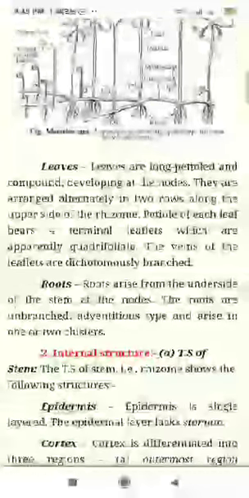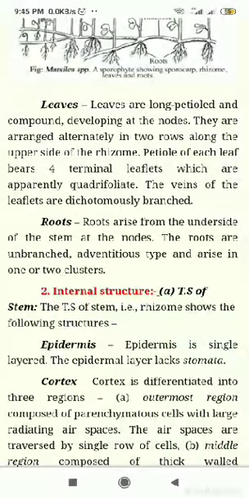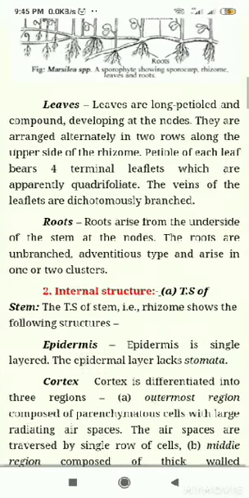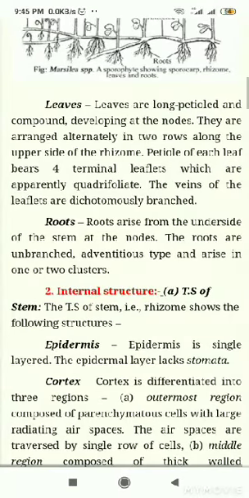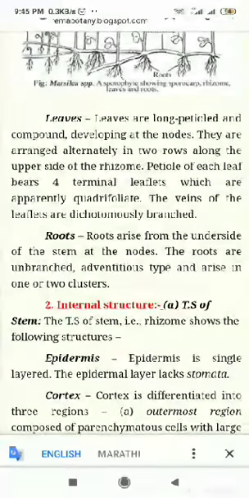Then we know about leaves. Leaves are long, petaloid, compound leaves because they have 4 leaflets. That's why it is called a compound leaf, developing at the nodes.